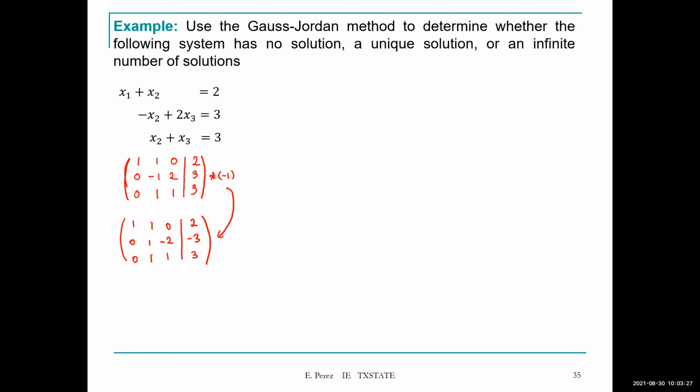Okay, so I understand that you can just flip 2 rows and then get that one and avoid that step. But again, at the end, what is important is that you get the same solution.